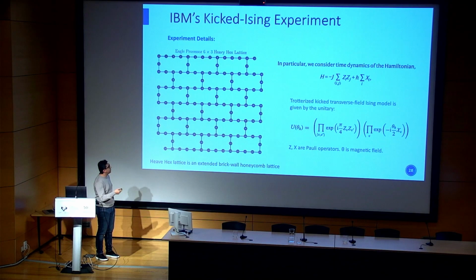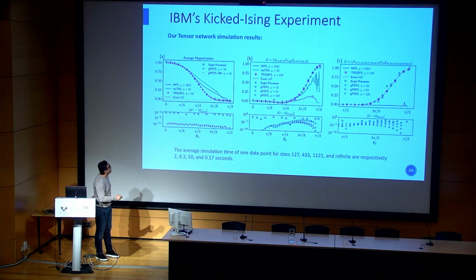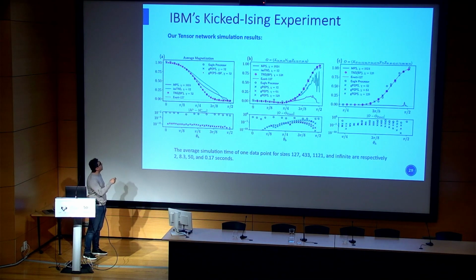We used our GPEPS, or graph projected entangled pair states, and exactly simulated the unitaries equivalent to this Hamiltonian, and showed that in a very efficient and fast way, we can simulate not only the exact solution, but also the results obtained from the quantum computer.